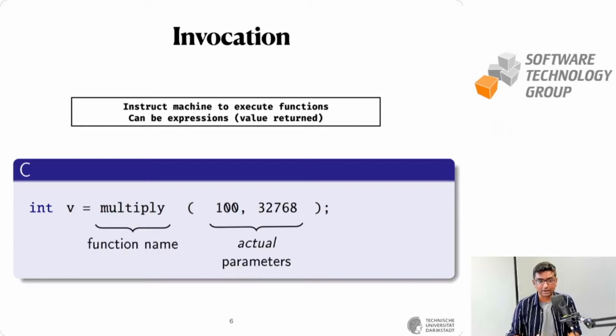They can be very different based on what kind of languages do them and what kind of parameters you pass on. So here you're simply invoking the function multiply to say that give me the value of 100 multiplied by 32,768, and then the returned value is stored in a variable v.